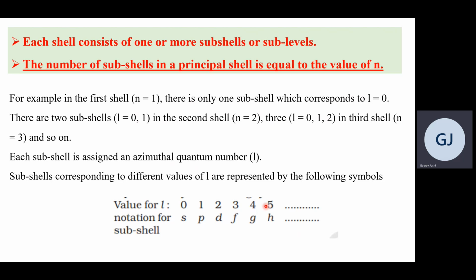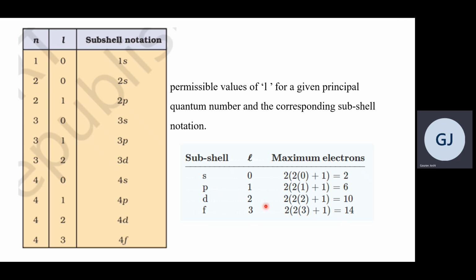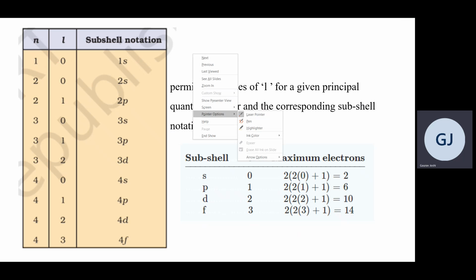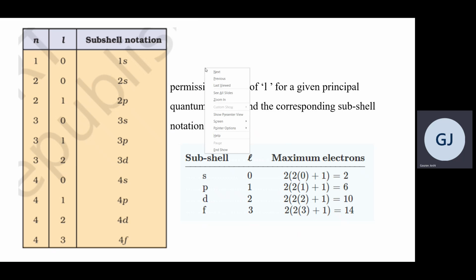I'll give you an example to make it clearer. This is the important table. When we have n equals 1, L will be 0, and the subcell will be denoted by, one second, let me open the pen.